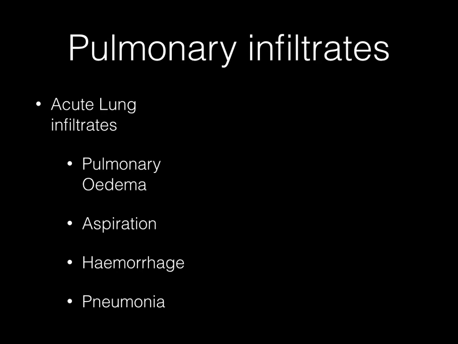As far as acutely developing infiltrates, depending on the history that has been provided to you, acutely developing lung infiltrates could be pulmonary edema, aspiration pneumonia, or predominantly community or hospital acquired pneumonia, as well as hemorrhage within the lung parenchyma.